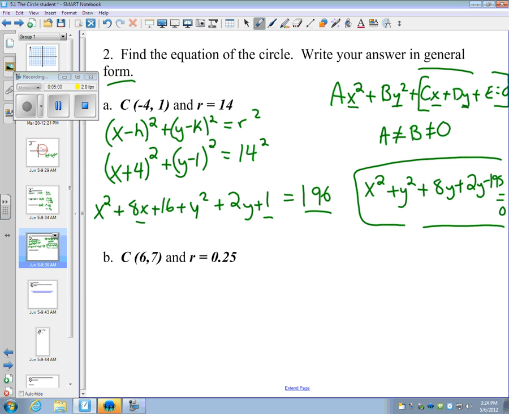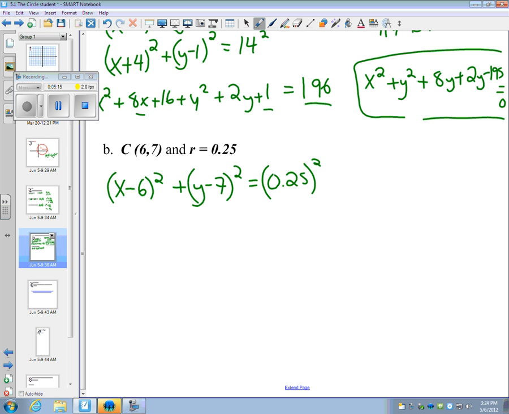Okay, let's do it again with this one. We're going to have (x minus 6) squared plus (y minus 7) squared is equal to 0.25 all squared. Some people forget to square that radius. I get x squared minus 12x plus 36.